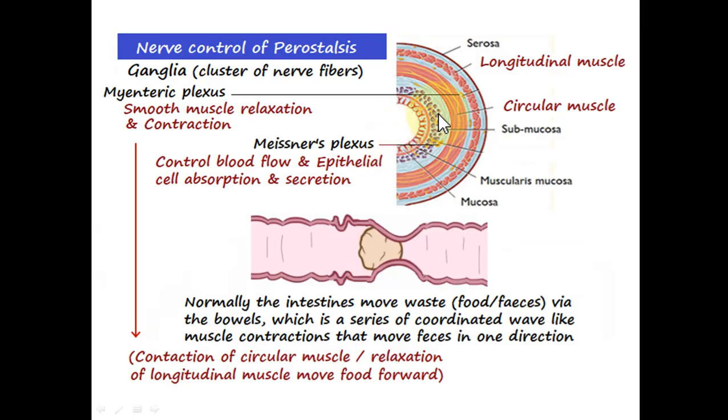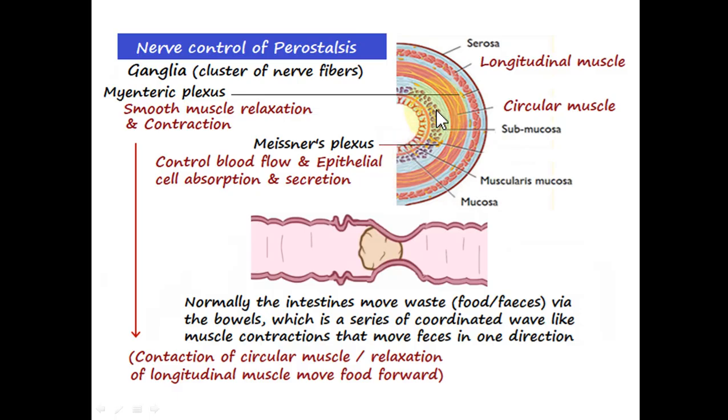Outside the mucosa there is the submucosa, and the submucosa contains lymph vessels, blood vessels, and particularly the Meissner plexus, which are clusters of nerves arranged in ganglia or neuron bodies, and the function of the Meissner plexus is mainly to control blood flow, absorption, and secretion from the epithelial cells.